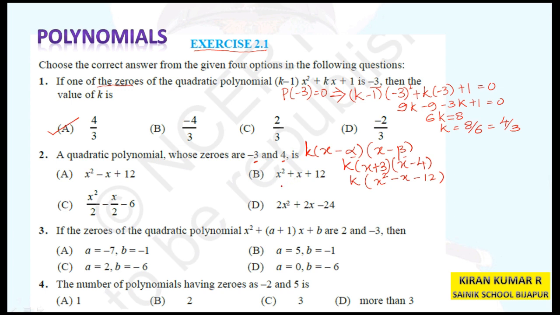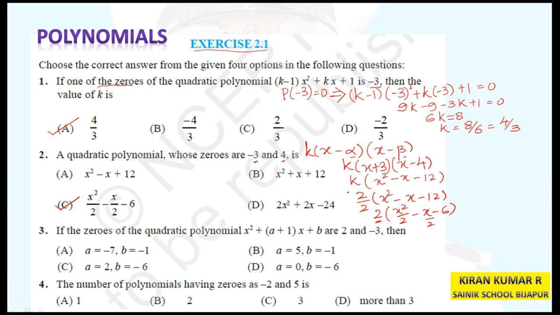What about the third one? Is option C correct? For that, let me write this as 2 by 2 times x square minus x minus 12. So I'll get 2 times x square by 2 minus x by 2 minus 6. K value is 2. So this particular expression is there in option C. So option C is the right answer.